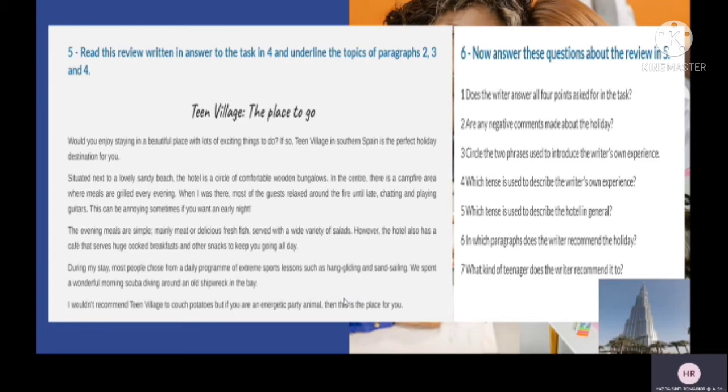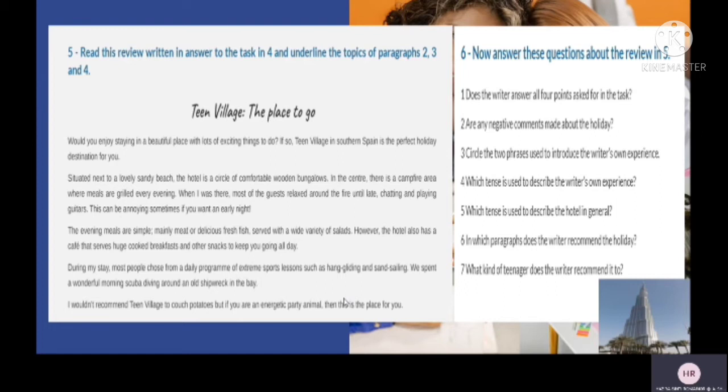If so, Teen Village in southern Spain is the perfect holiday destination for you. Situated next to a lovely sandy beach, the hotel is a circle of comfortable wooden bungalows. In the center, there is a campfire area where meals are grilled every evening. When I was there, most of the guests relaxed around the fire until late, chatting and playing guitars. This can be annoying sometimes if you want an early night.